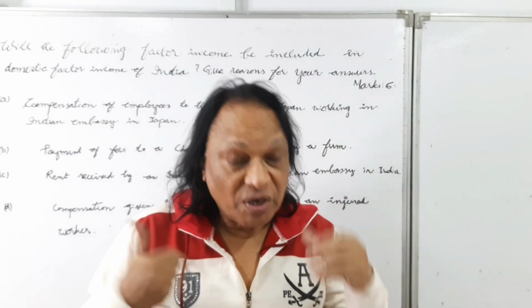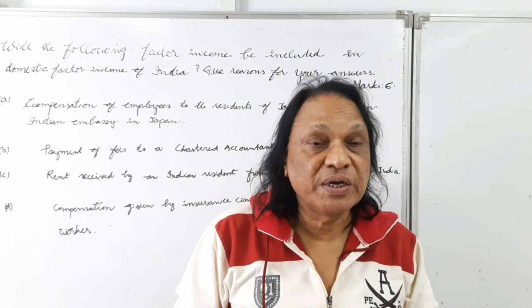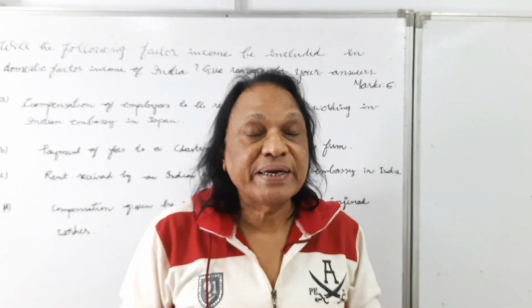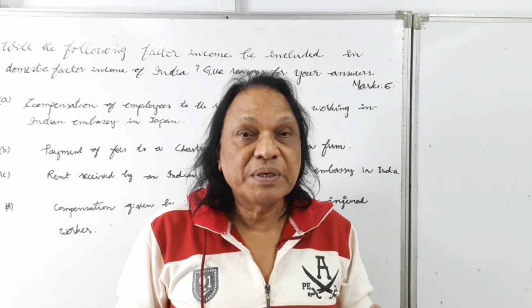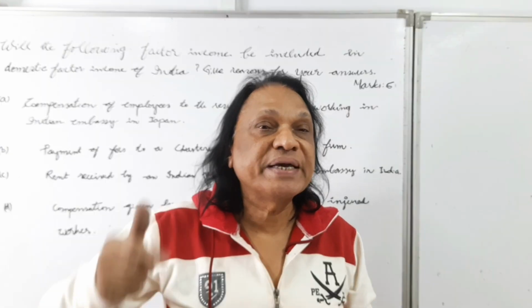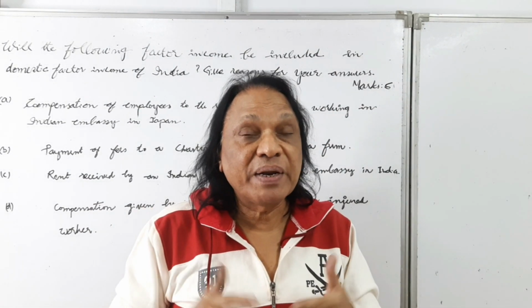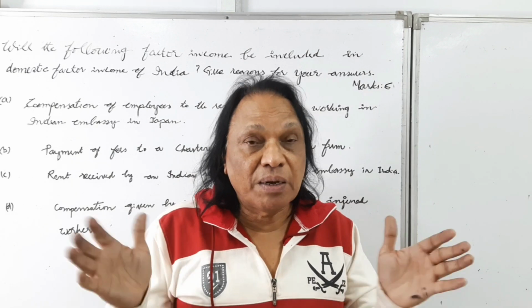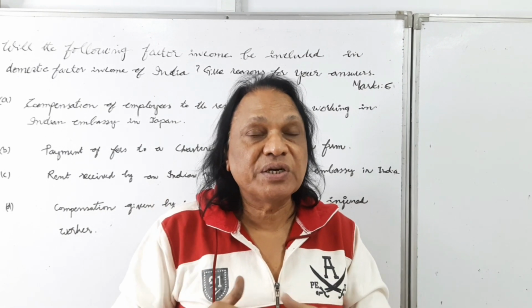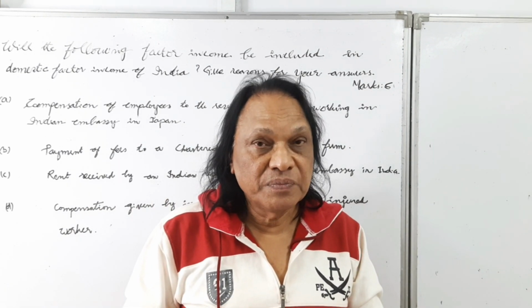However, which is not asked here, I am giving you more explanation. It should not be included while calculating national income, because Japanese working in an Indian embassy in Japan are not the normal residents of the country, and in national income we take the income of only normal residents. I hope it's clear.